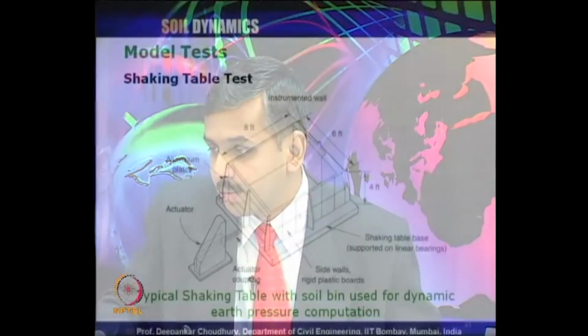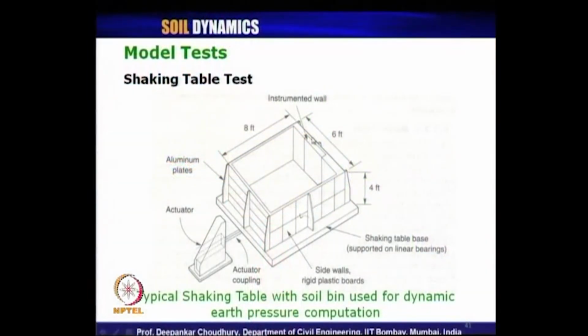Coming to another major category of tests in the laboratory, the model tests. Within model tests, as I have already mentioned, two commonly used model tests are the shake table test and the dynamic centrifuge test. So, let us look at the shaking table test. This is a typical diagram of a shaking table test.